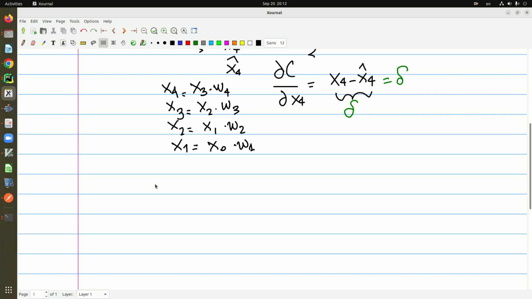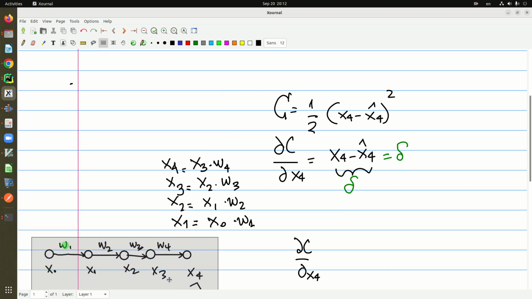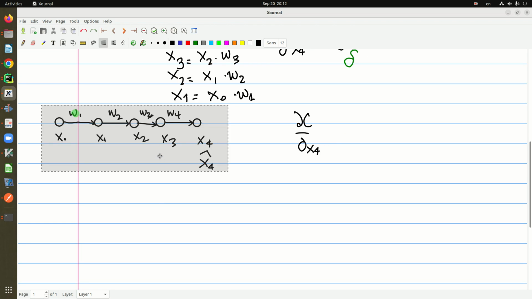So, we do have the rate of cost over x4. Let me move this closer to our calculations so it's going to be easier for us to follow what we're doing.